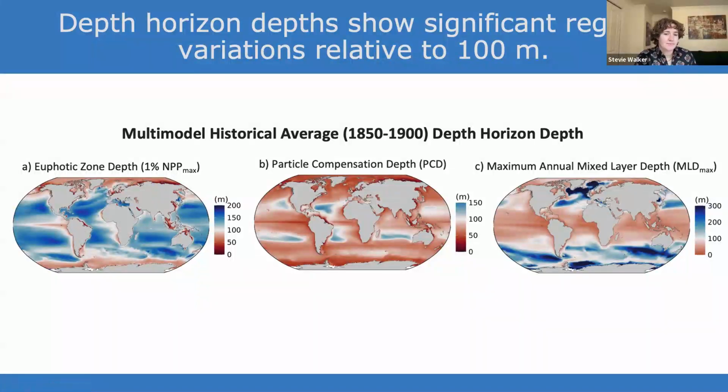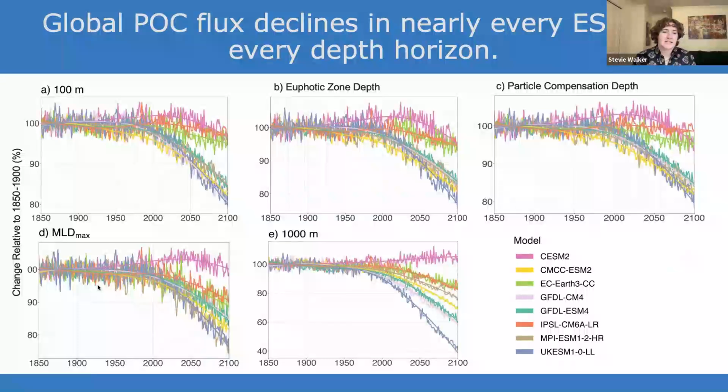So, with these pretty significant regional variations in depth horizon depth, you might expect that the global average trends in POC flux change would look pretty different across depth horizons, but on a global scale, that's not actually what we found. So here we have globally integrated time series change in POC flux under the high emission scenario SSP 585.